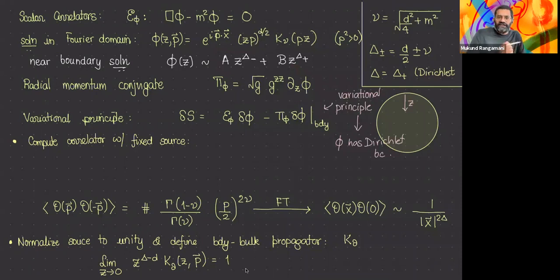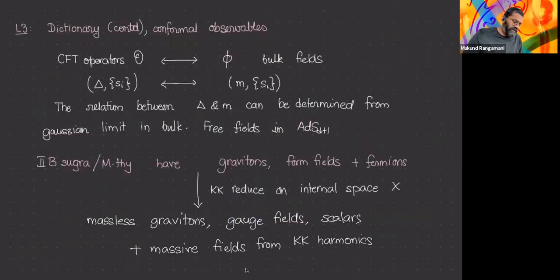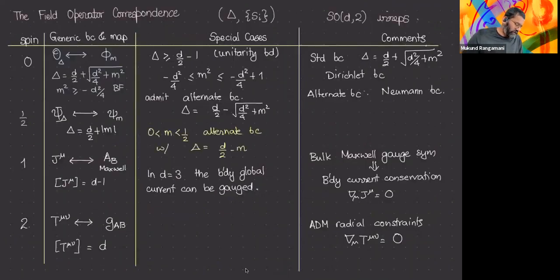I won't go through the exercise, but I pointed out that there are special cases in my table: if I use the delta plus boundary condition, then I don't attain the unitarity bound. To go below this d over 2 bound and get closer to the unitarity bound, I have to impose an alternate boundary condition, which, if you see my formula now, requires the operator to have dimension delta minus.